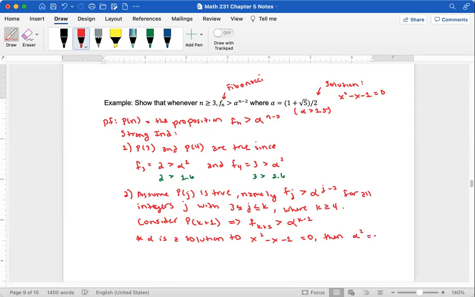Or another way of saying that is alpha squared equals alpha plus 1. I'm solving it for the squared term.